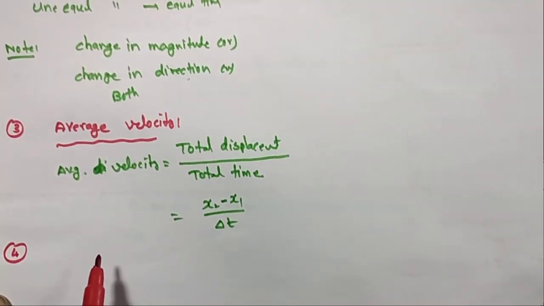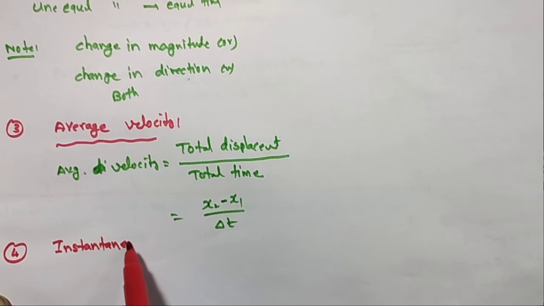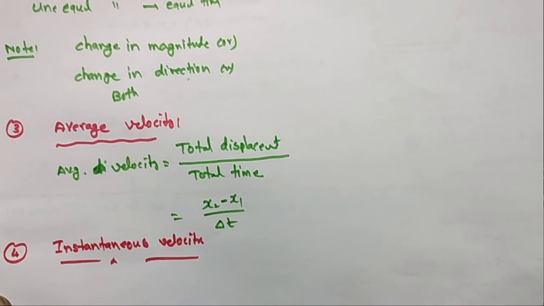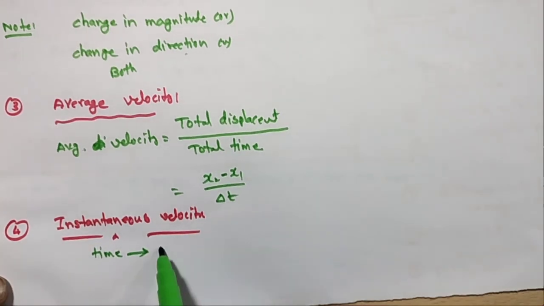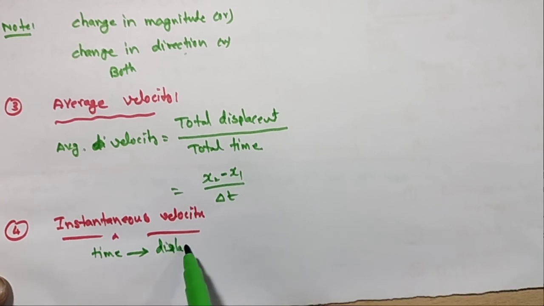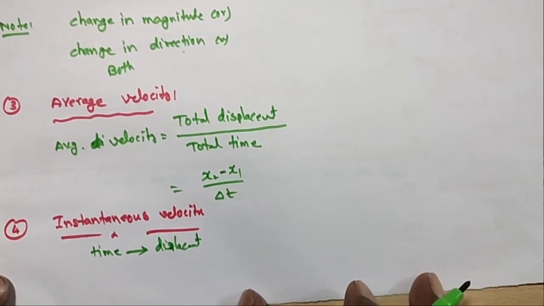In the previous part I explained instantaneous speed. The fourth one is the same as instantaneous velocity. Instantaneous velocity means, at a particular instant of time, what is the displacement of the particle?